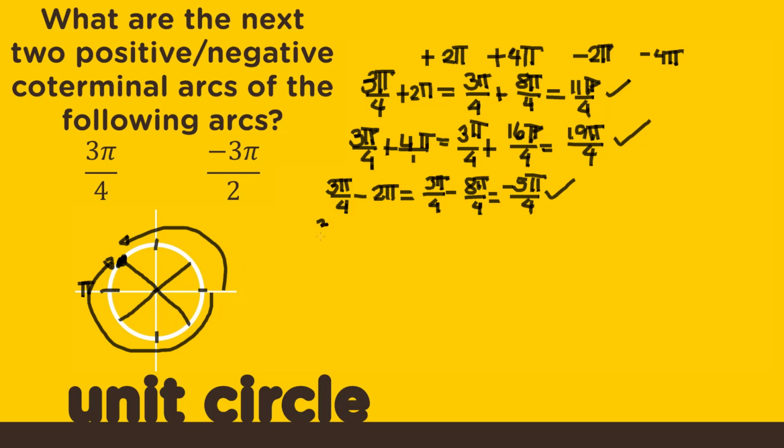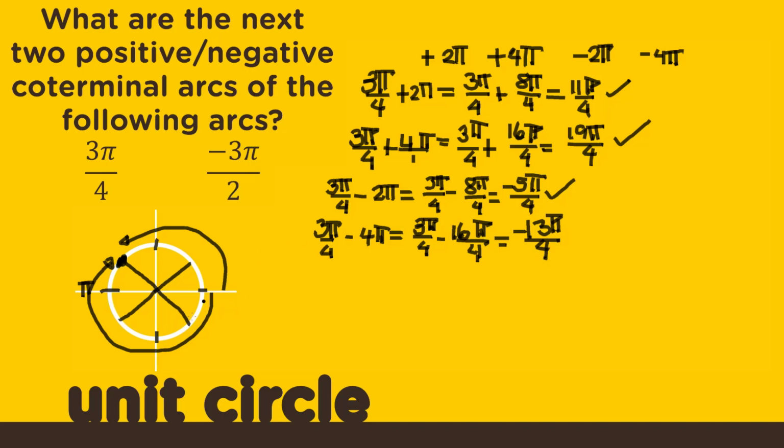And the last one for the first item is by subtracting 4 pi. So that's 3 pi over 4 minus 16 pi over 4. You will have a result of negative 13 pi over 4.